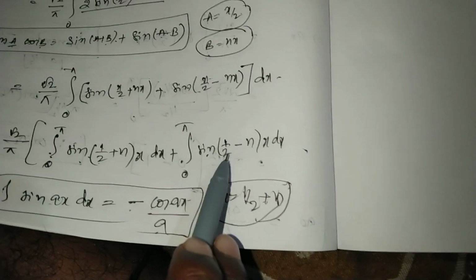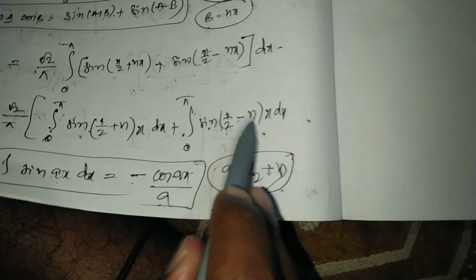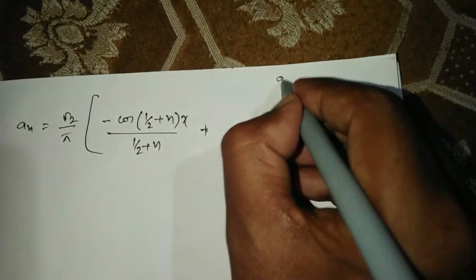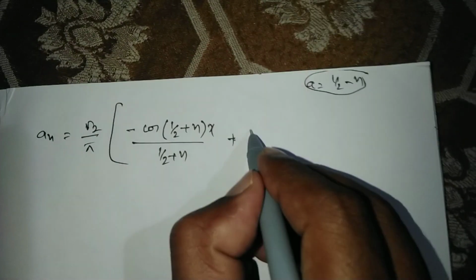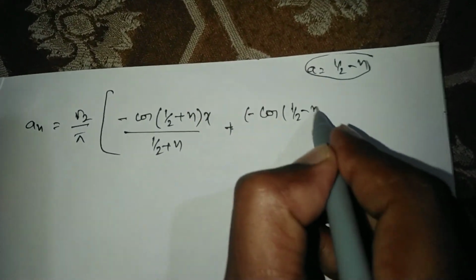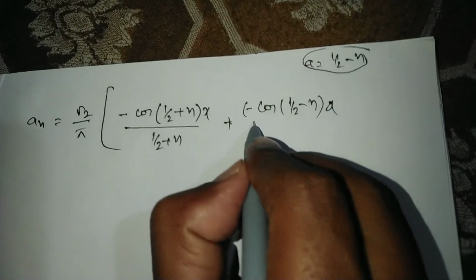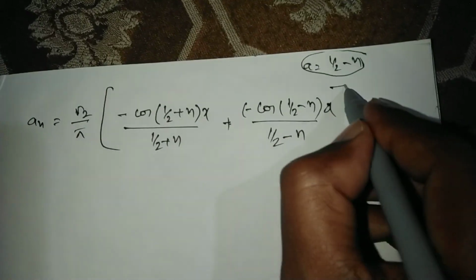Here in the second one, instead of a we have 1/2 − n, so a is equal to 1/2 − n. So it is −cos((1/2 − n)x) divided by (1/2 − n).